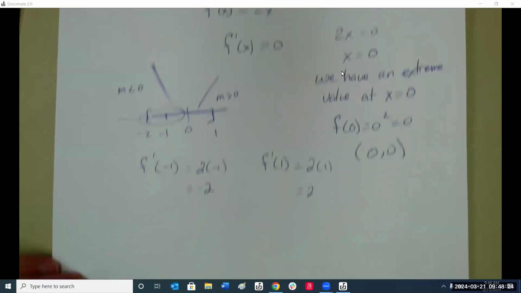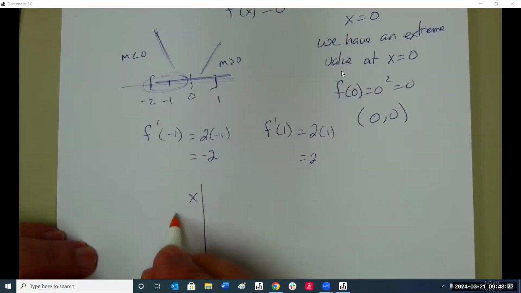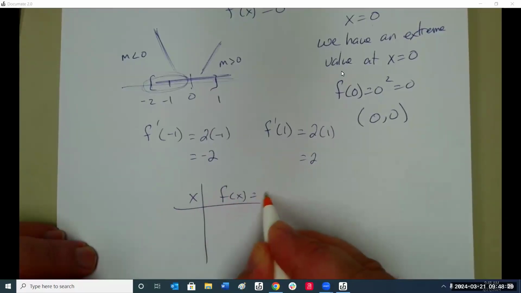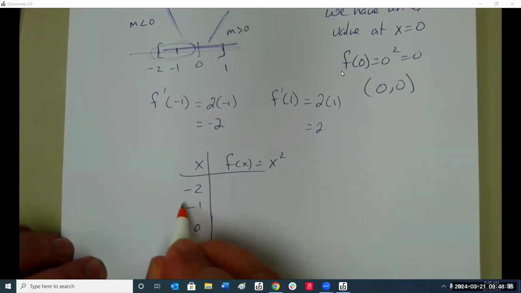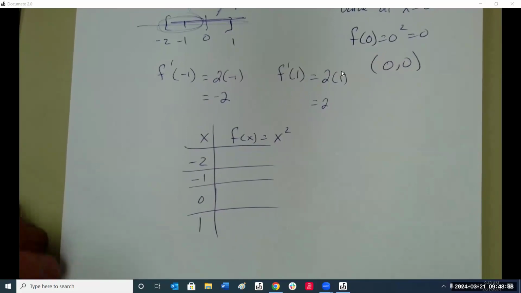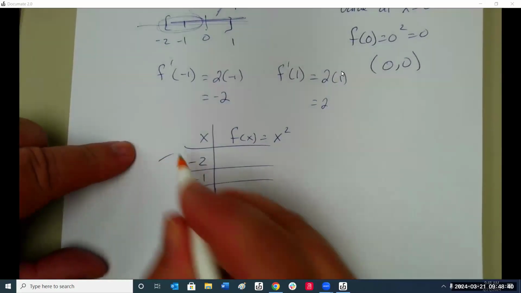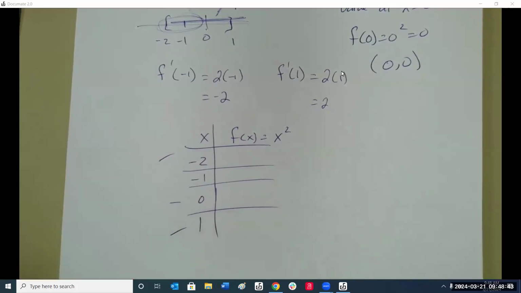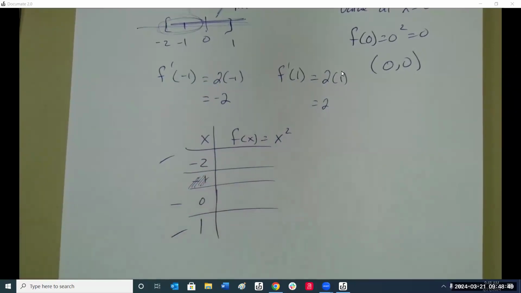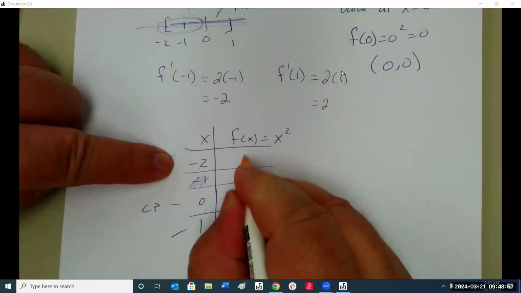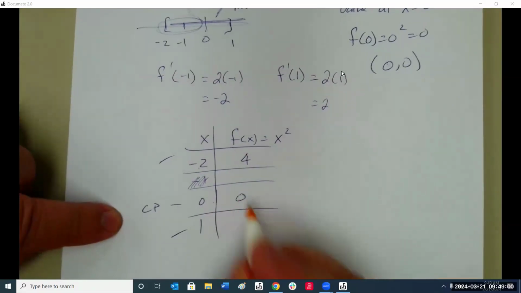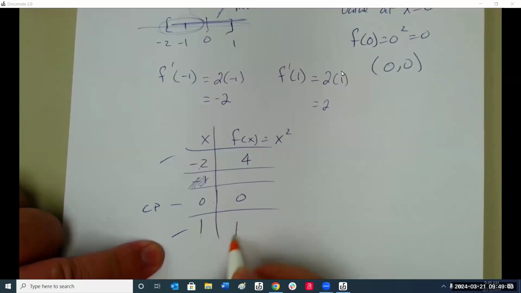Why? If we plug in the values of our endpoints, we have to try the endpoints, and we have to try where the critical point is. This value we don't really have to do anything about. It's not going to help us any because it's not the endpoint and it's not a critical point. So this is our CP. At -2, we got a 4. At 0, we got a 0. At 1, we get a 1.